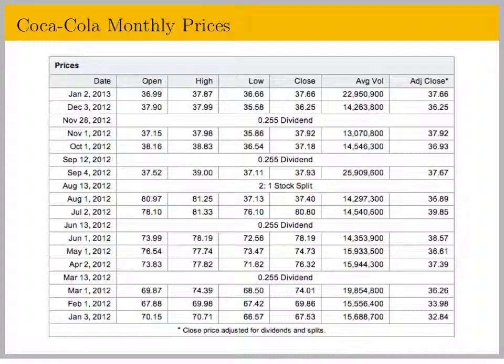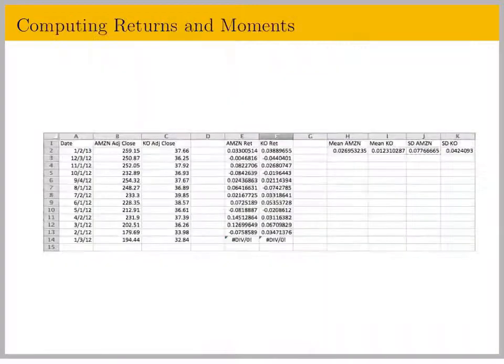The stock split occurred mid-August, which is why you don't see an exact halfway drop, but somewhere in August where the split occurred, you would see the price drop by exactly half. Now, we can abstract away from the dividends and just use the adjusted closing prices to do the same type of return calculations we just did on the previous slide. We can compute a January return by using these two prices, a February return, and so on.